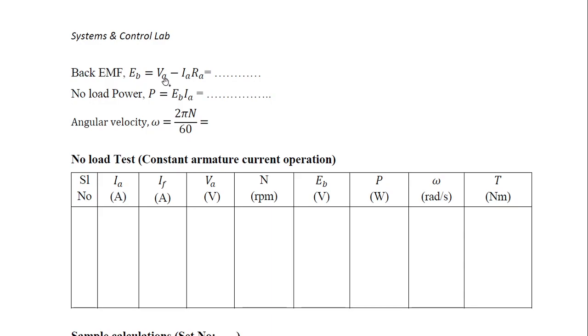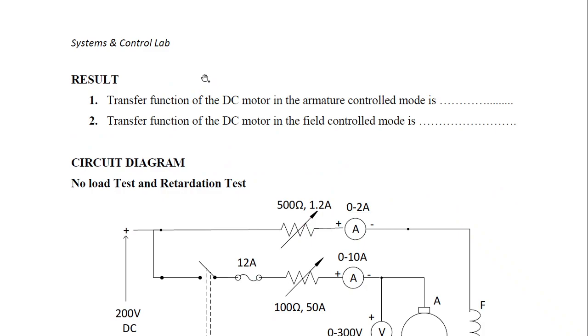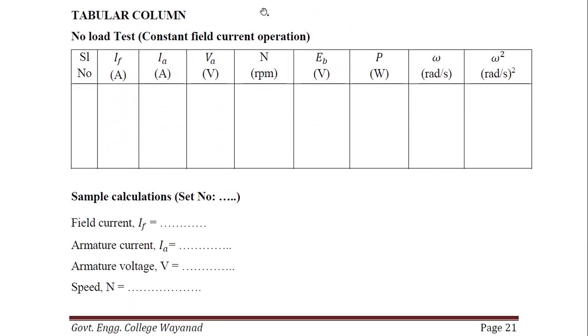VA we have from the voltmeter reading, IA from the ammeter reading, and RA, the armature resistance, we will measure by a suitable experiment that will be discussed, the VI method. After that, we will complete this tabular column for the back EMF EB.